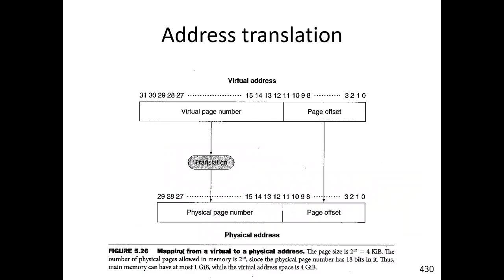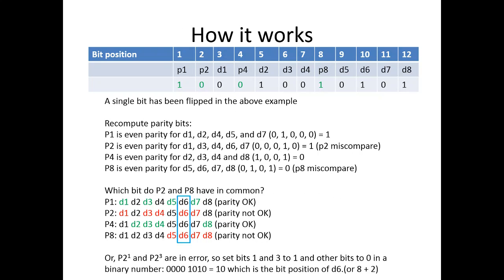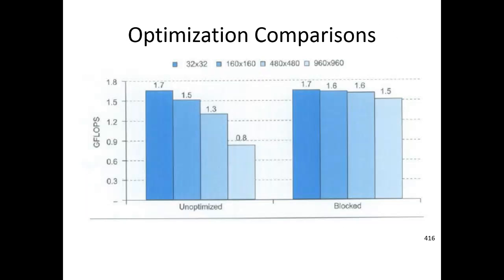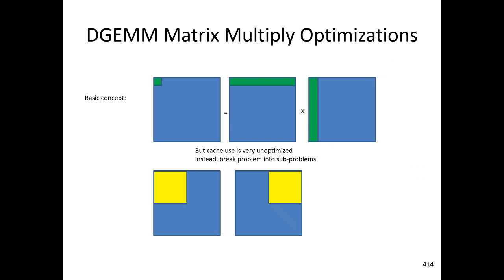Alright, so that's the conclusion of cache and virtual memory. Now, there are some other ways we can optimize how we do that. Given all of that former information, there are some ways we can optimize what we do.